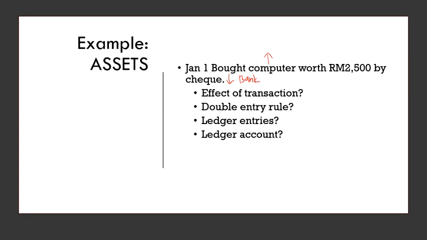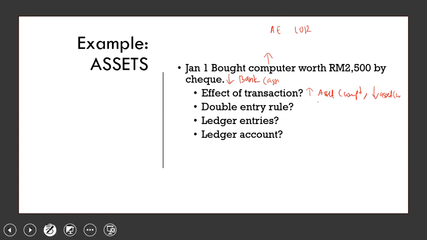Okay. So, effect of the transaction: increase, computer is your asset. So, increase in asset, computer. Bank is your asset as well. So, decrease in asset, bank. Okay. So, double entry rule. Silap. Ni decrease. Sorry.